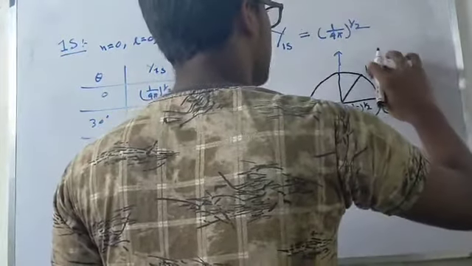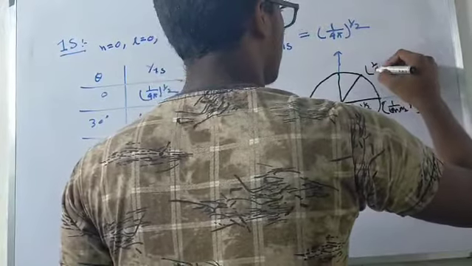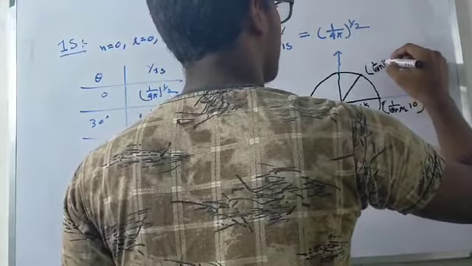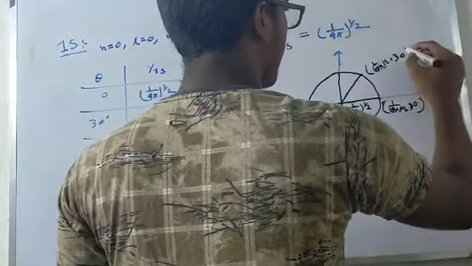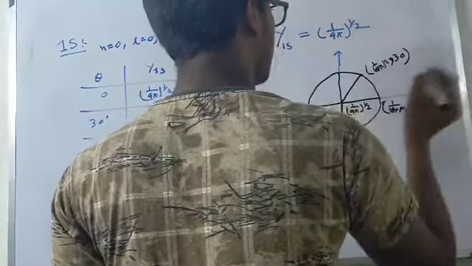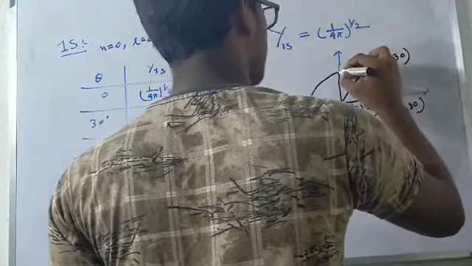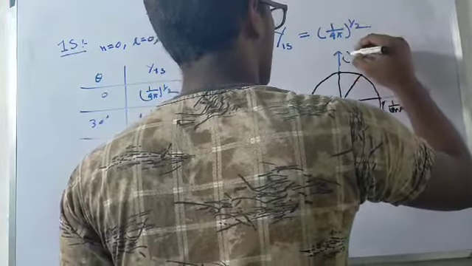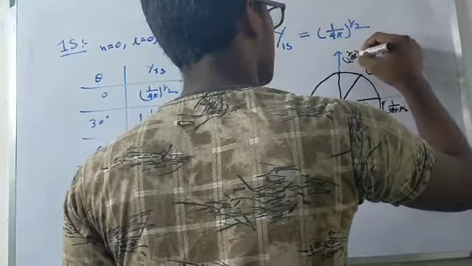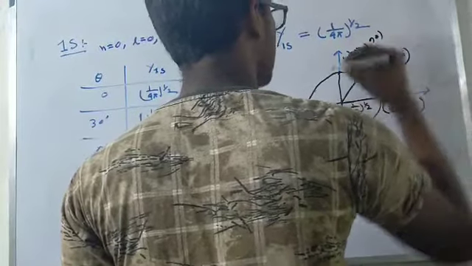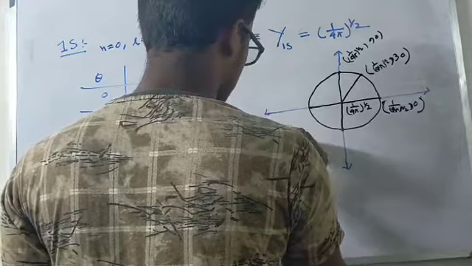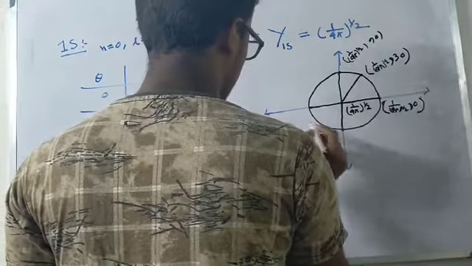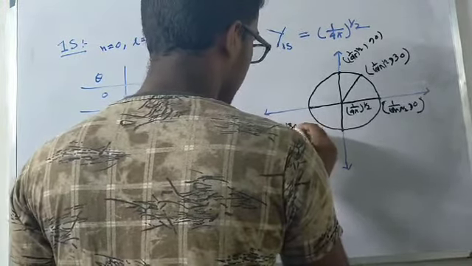Then again 1 by 4 pi to the power half, this is 30 degree, and this point is 1 by 4 pi to the power half, 90 degree, and this point is 1 by 4 pi to the power half comma 180 degree.